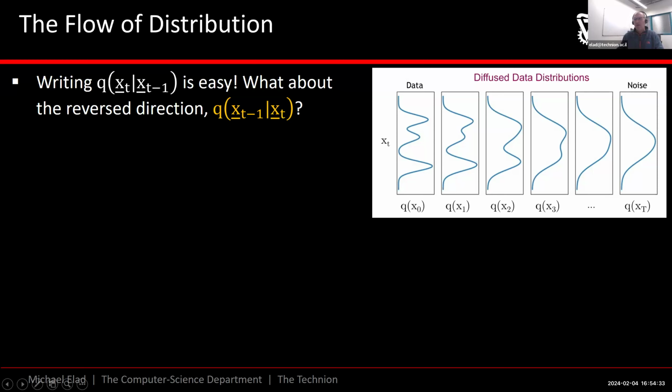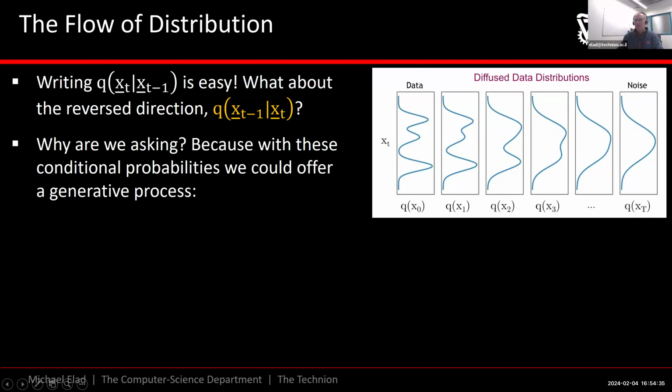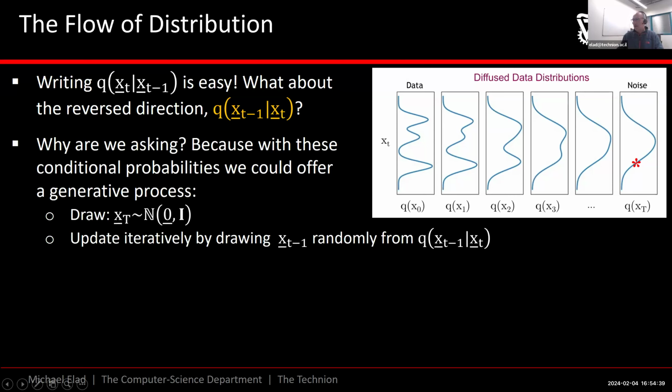How? Here is how. You start by sampling xt. Look at the red star at the beginning in q of xt. I'm sampling a Gaussian. This is so easy. Then, given this, I'm using q of xt minus 1, capital T minus 1, given xt, and I'm sampling from the next distribution.